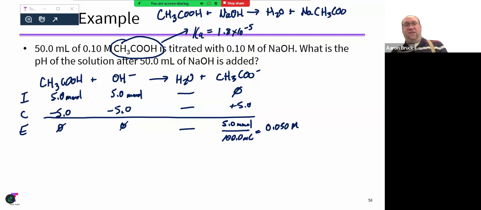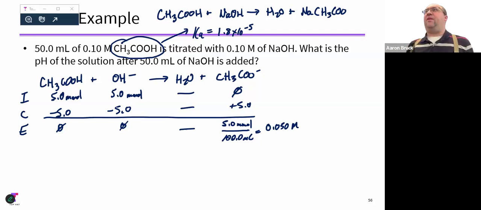So at the equivalence point, since I have neither of these two starting materials and all product, that solution at that particular point is water and sodium acetate. It's a salt solution. And as a salt solution, we've got to go through and do pH of salt calculations.